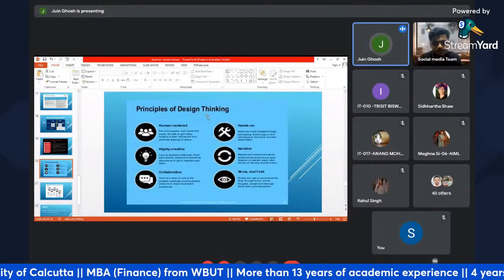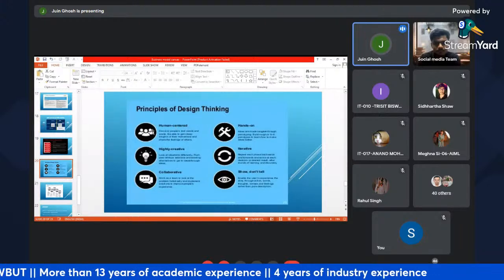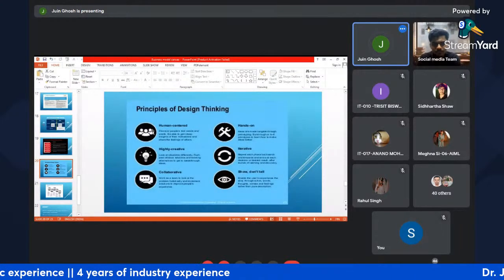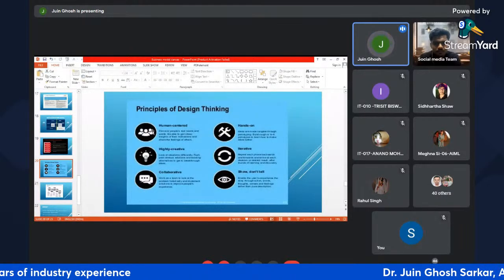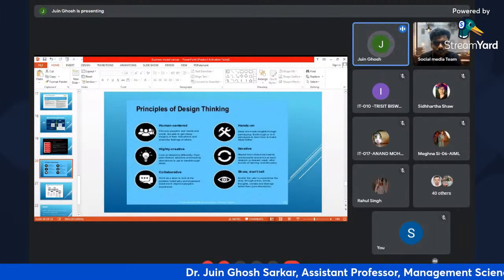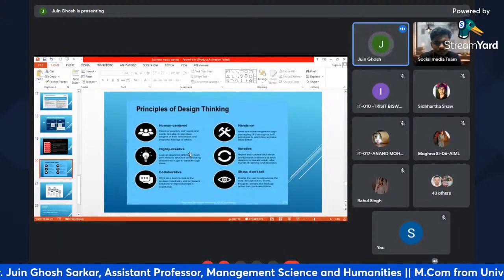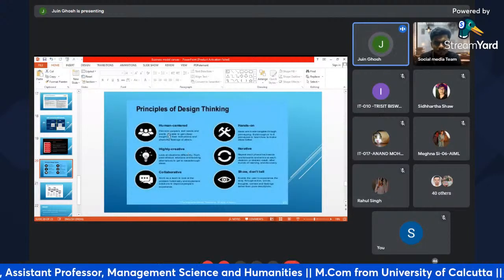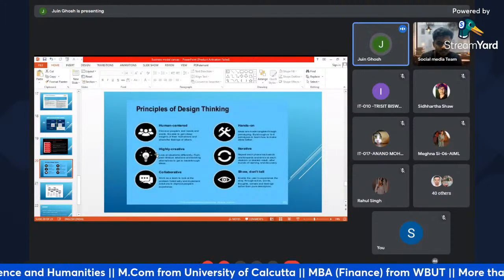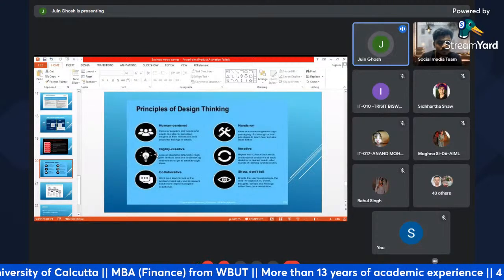Now, these are the principles of design thinking. It is basically human-centered, since we are serving the product or service to the customers, so it is focused on the customers only. It is highly creative, since you are developing an innovative business model, so it needs some inputs which should not be in the existing business models.